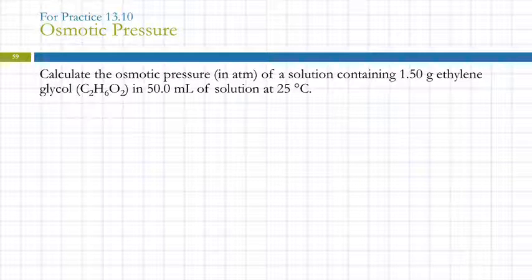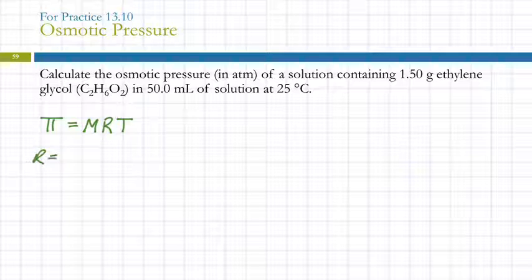Calculate the osmotic pressure in atmospheres of a solution containing 1.50 grams ethylene glycol in 50 milliliters of solution at 25 degrees Celsius. So the equation for this is capital pi equals the molarity times the ideal gas constant times the temperature in Kelvin.